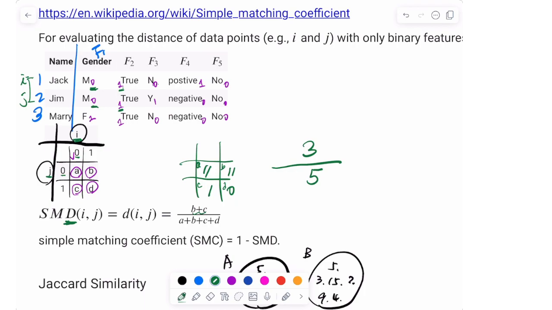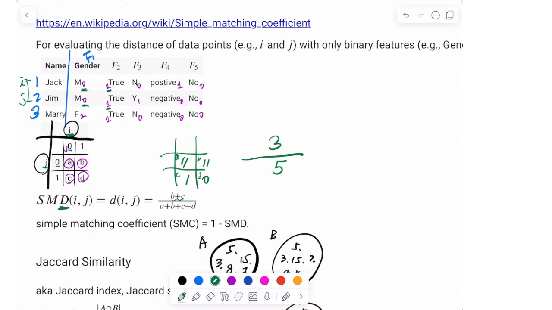Basically, it calculates how many features Jack and Jim both have as 0 or both as 1. You calculate distance simply by counting, and it's called the simple matching coefficient.